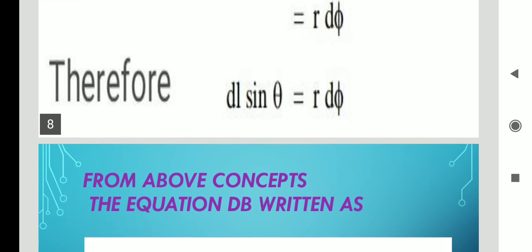Therefore DL sin theta equal to R d phi.